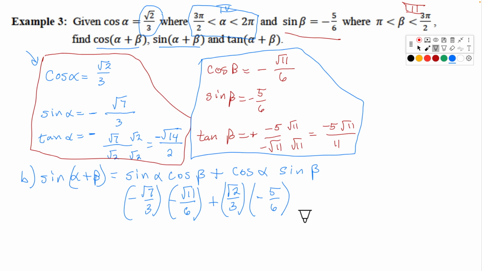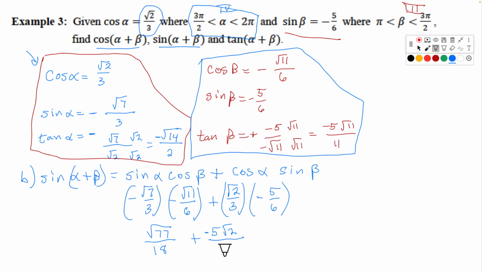Multiply this fraction straight across. Square root of 7 times square root of 11. Negative times a negative is positive. So that should be square root of 77 over 18. The second part, square root of 2 times 5. Remember, you can't bring the 5 in. It's just going to be 5 square root of 2. But it's a positive and a negative, so this will become negative.